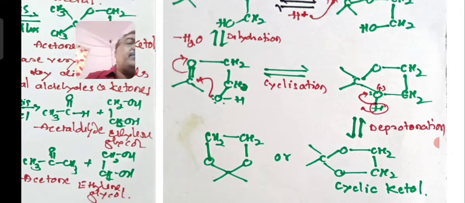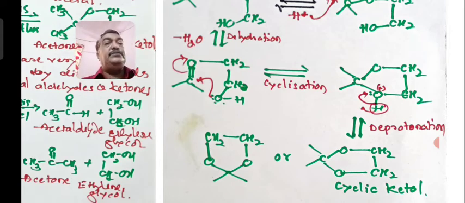Now in the next step, what happened? The proton on the oxygen containing the plus charge is removed, and the double bond is created, the lone pair of electrons shifts to the oxygen, making CH2 CH2 O joined to the carbon, and a cyclic ketal is formed. So this is the mechanism.